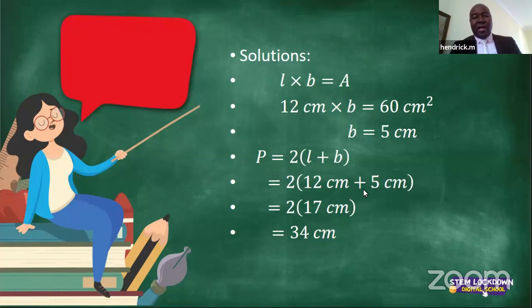And thereafter, you multiply the 17 by 2. And 17 multiplied by 2 gives you exactly 34 centimeters. So we've arrived at the same answer with Ntokozo, who decided to add all the sides. So if you don't want to follow this formula, you can follow Ntokozo's example by adding all the sides, and of course, you will definitely arrive at the same answer.